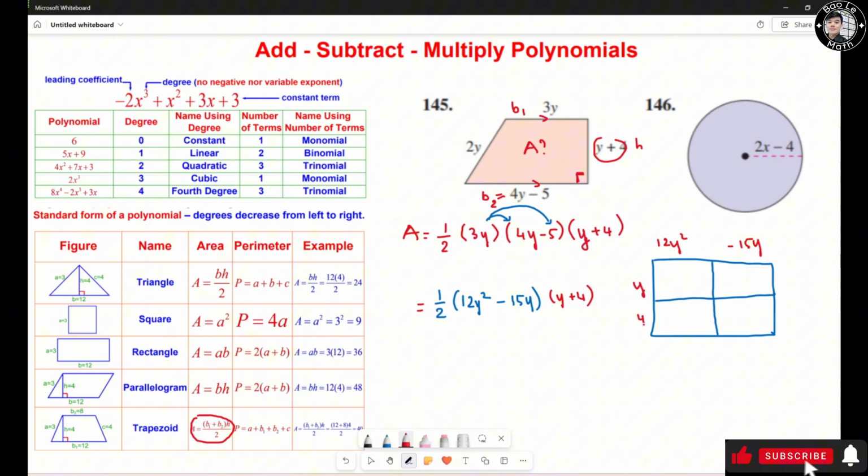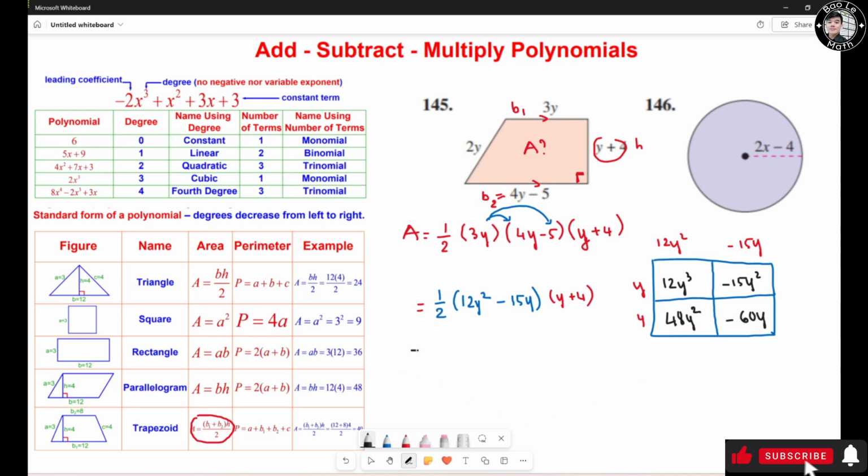And the last one, 4. Right? Now, y times 12y squared is going to be 12y cubed. Y times negative 15y is going to be negative 15y squared. 4 times 12y squared is going to be 48y squared. 4 times negative 15y is going to be negative 60y.